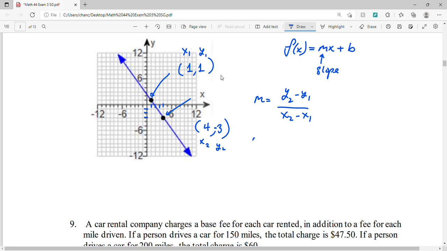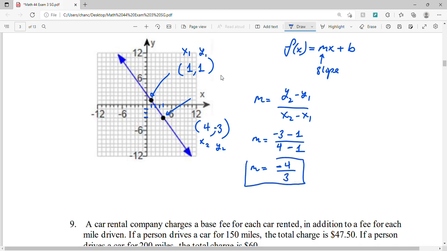Let's find our slope. m equals y2, which would be negative 3, minus y1, which is 1, divided by x2, which is 4, minus x1, which is 1. We have our slope is now negative 4 divided by 3, or negative 4/3.